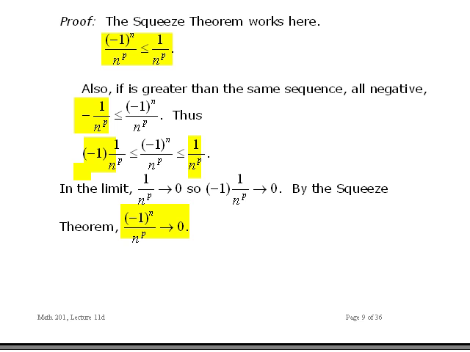And this result holds for all values of p where 1 over n to the p converges to 0. And that would be for p strictly greater than 0. Notice what happens if p is equal to 0.